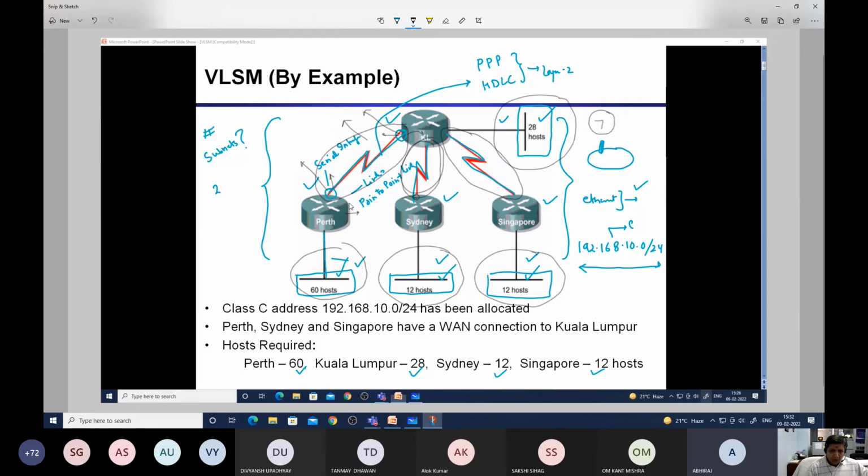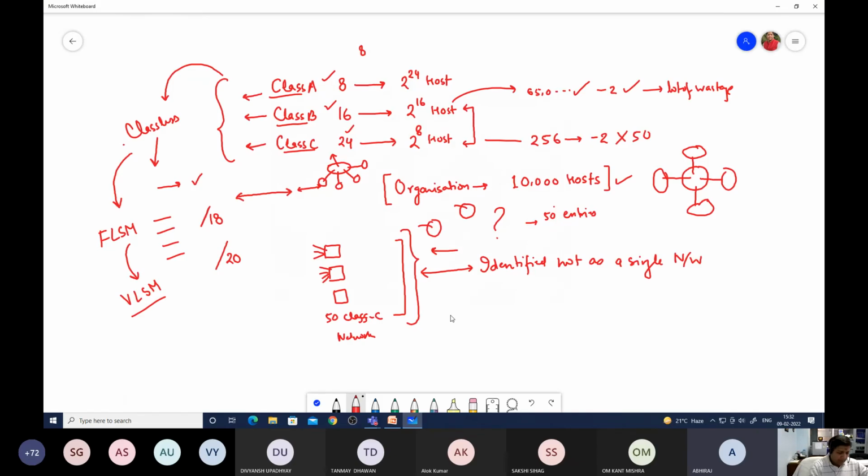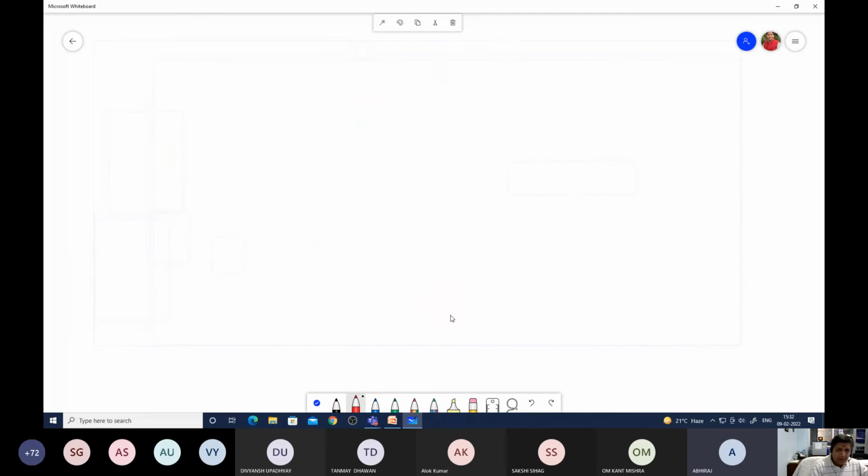Now if I follow our old process of subnetting to have 7 subnets, suppose I write this IP address 192.168.10.0/24, meaning there are 8 bits in the host part.